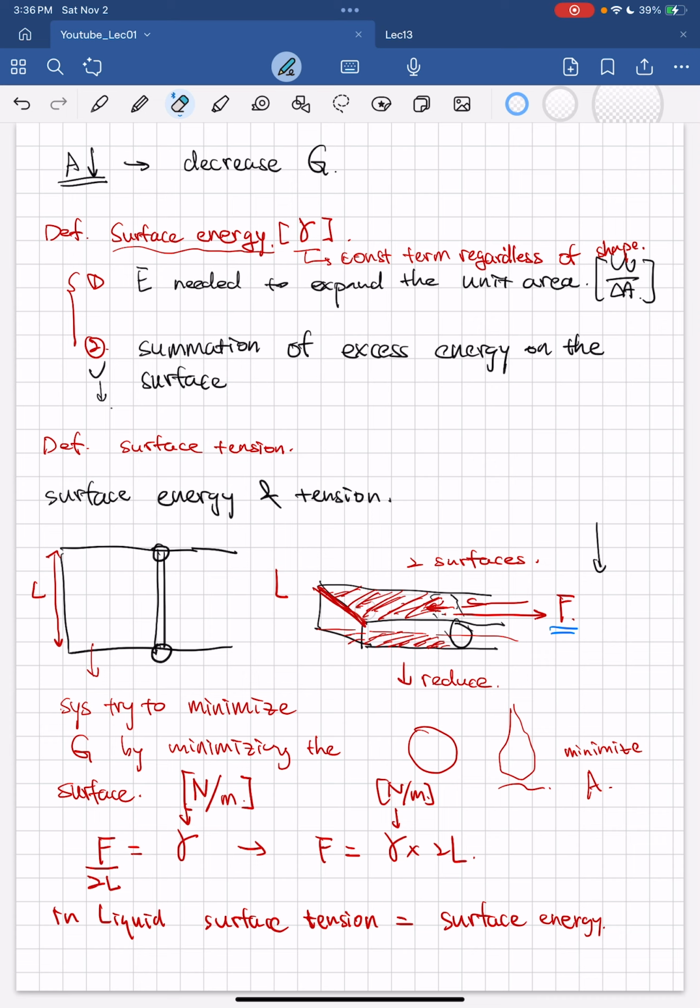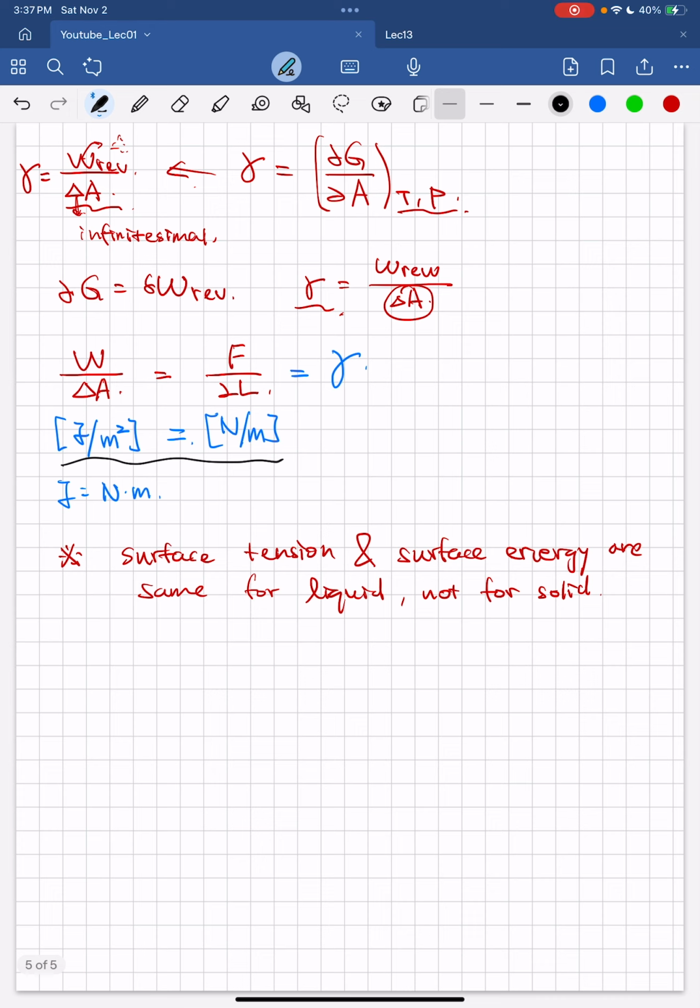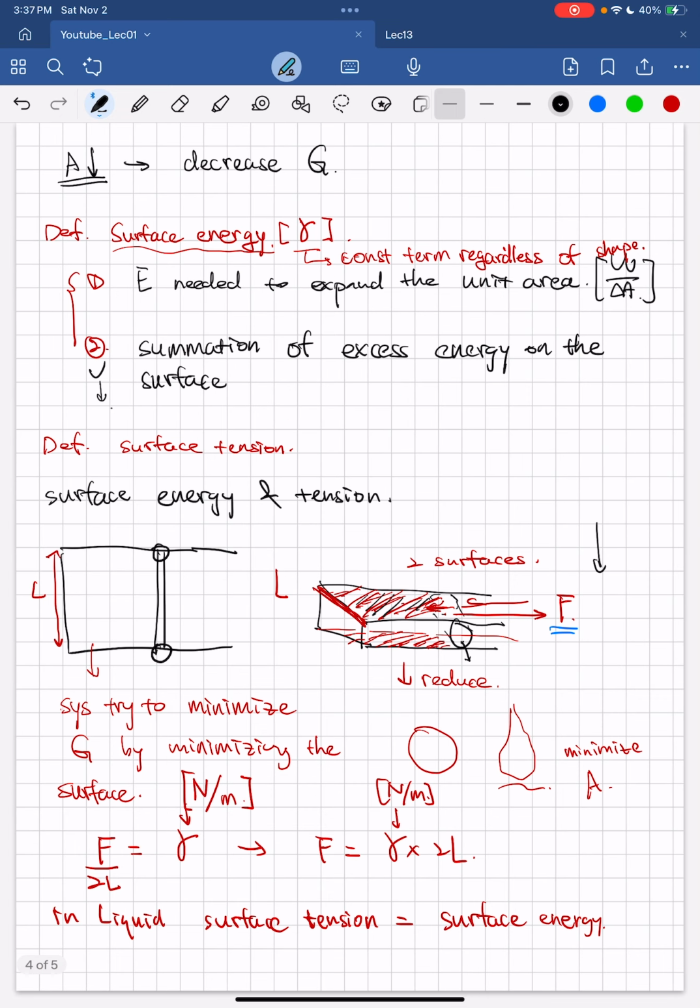You'll see that the force needed to hold this rod here like this. Okay, let's do this first. So I'll show you how they are the same. So delta A equals 2L delta X in this model, right?